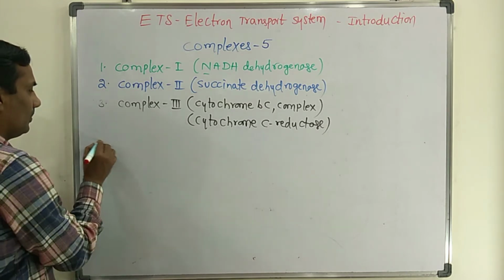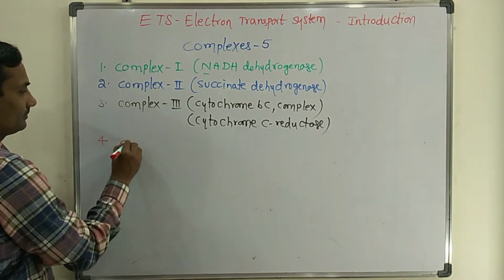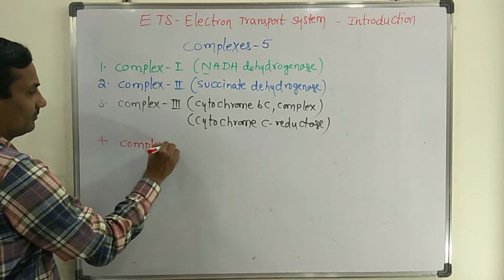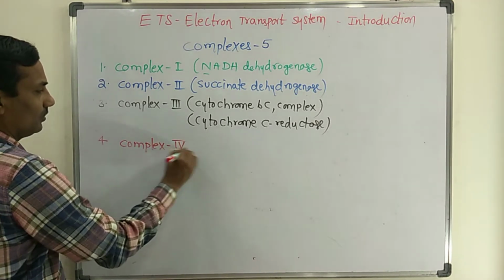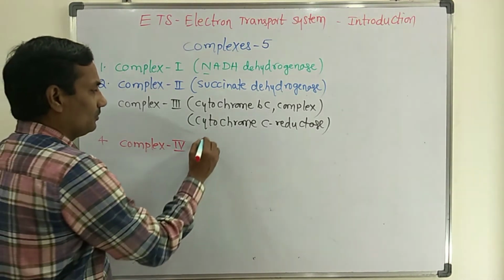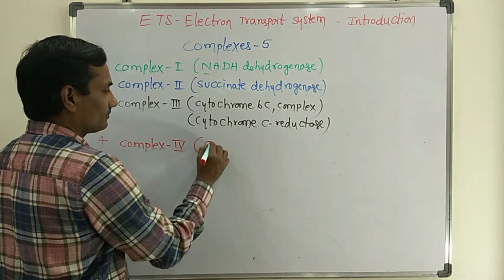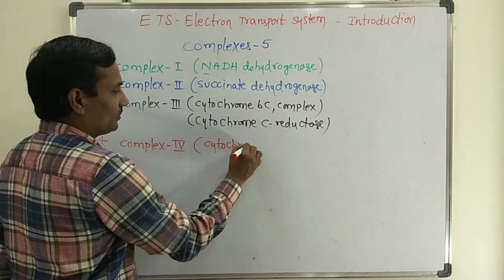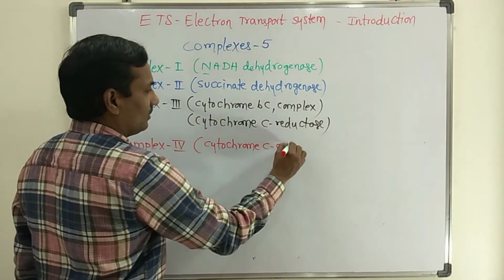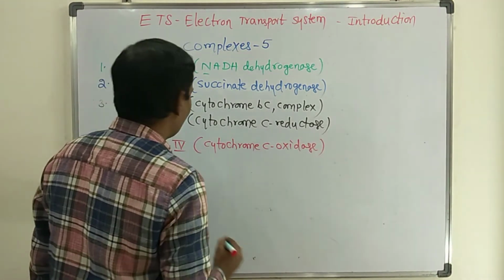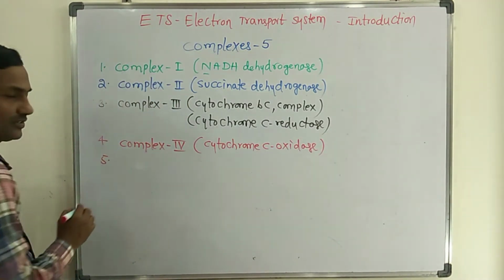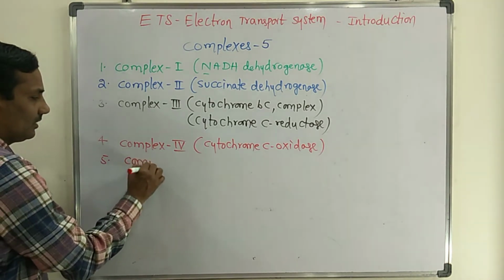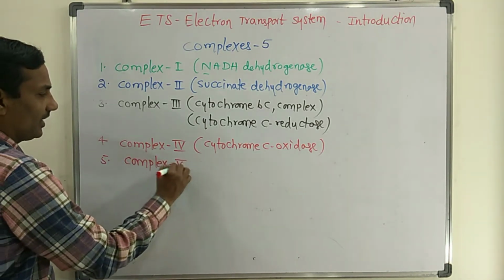Next, complex 4. Complex 4 is otherwise known as cytochrome C oxidase. Next, one more complex, that is complex 5.